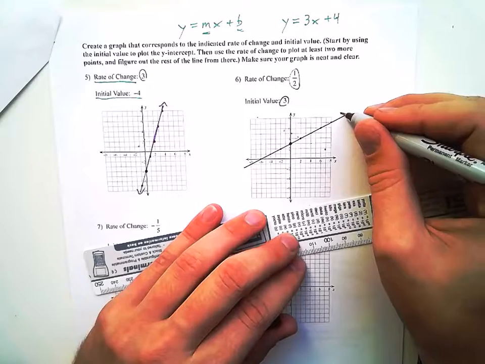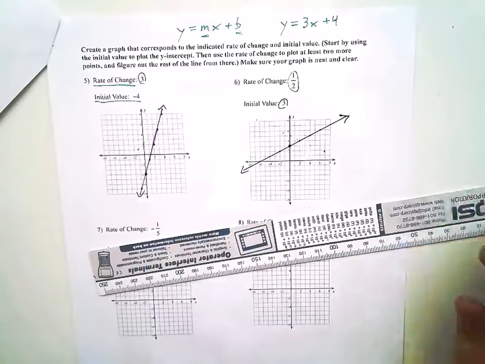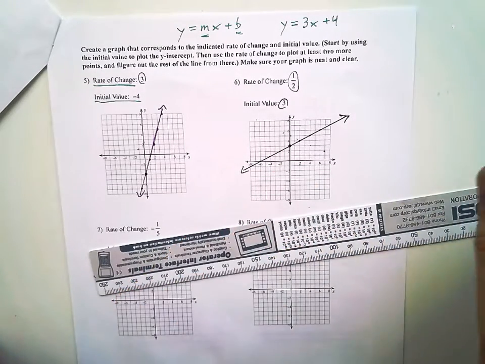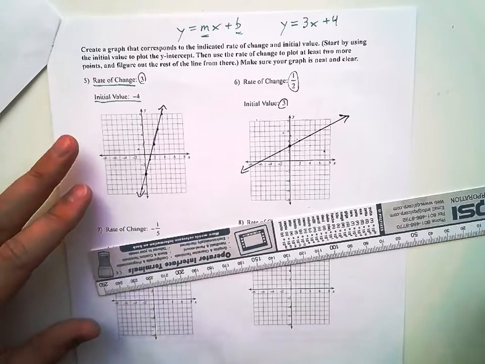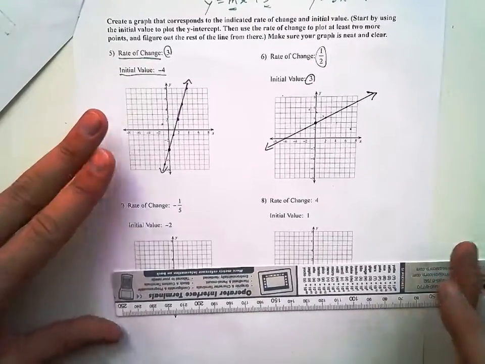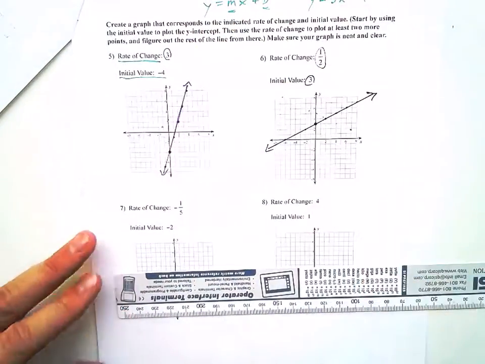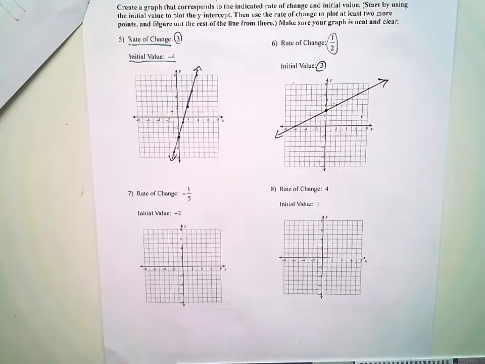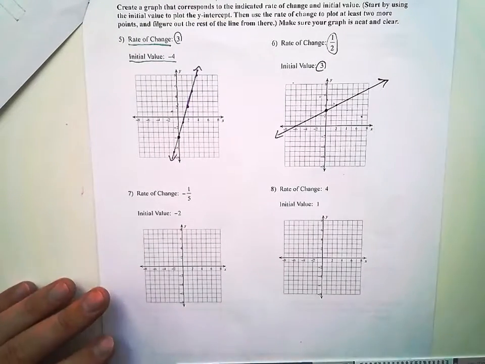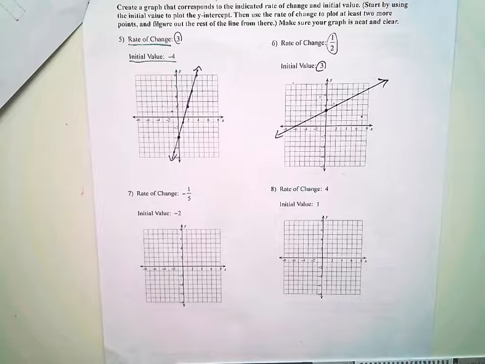You can see it's a little easier doing it this way than calculating each individual point separately. If you know these two numbers, you can just get what the graph looks like right away.